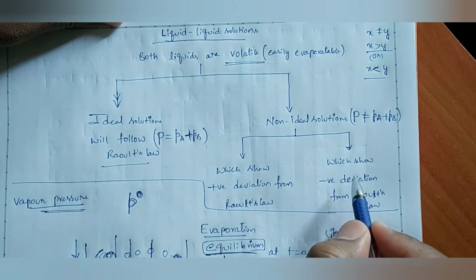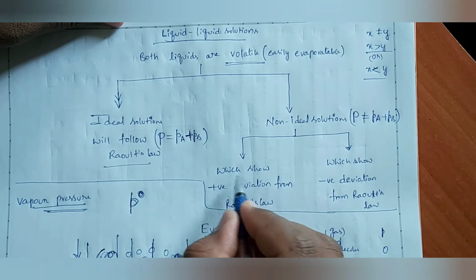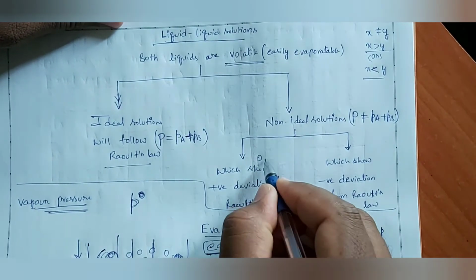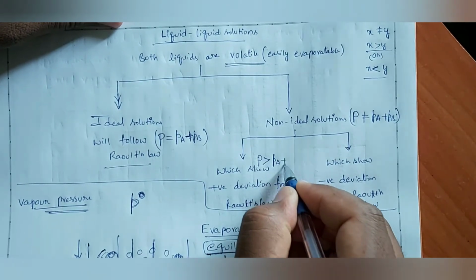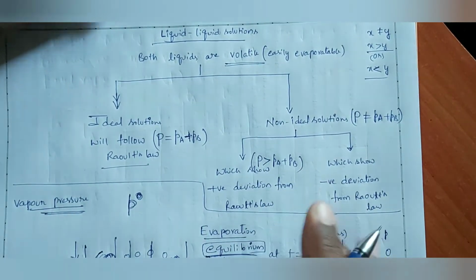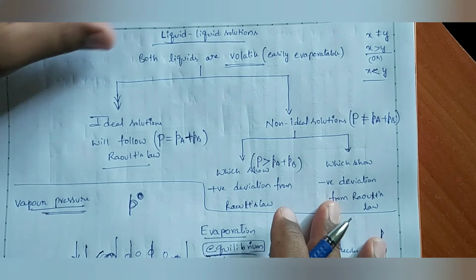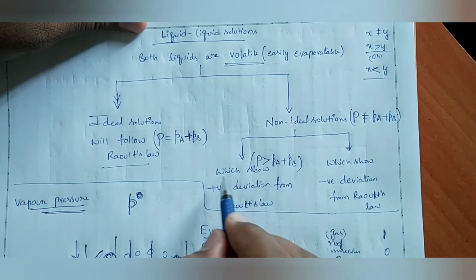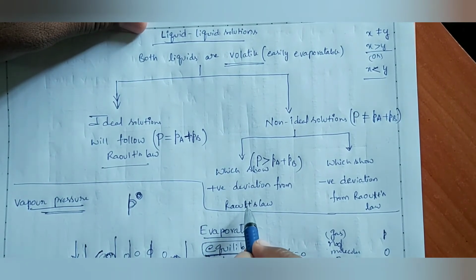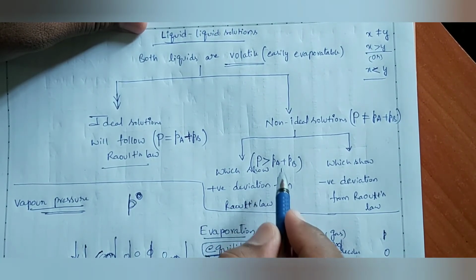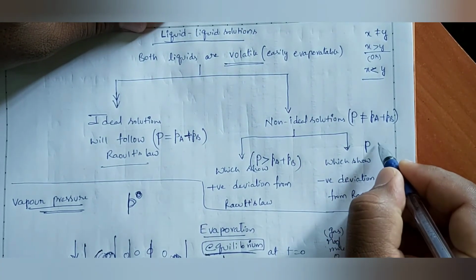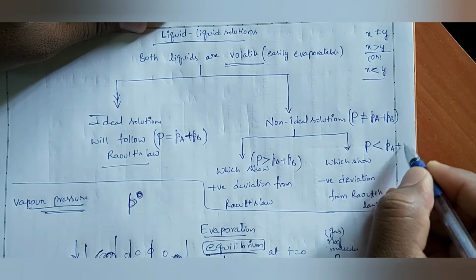According to this, two types of solutions are there. Non-ideal solutions which show positive deviation from Raoult's law, for them capital P is greater than Pa plus Pb. Non-ideal solutions which show negative deviation from Raoult's law, capital P is less than Pa plus Pb.